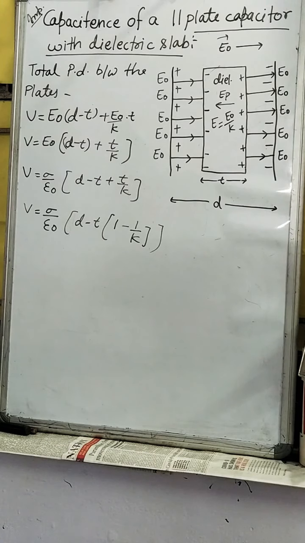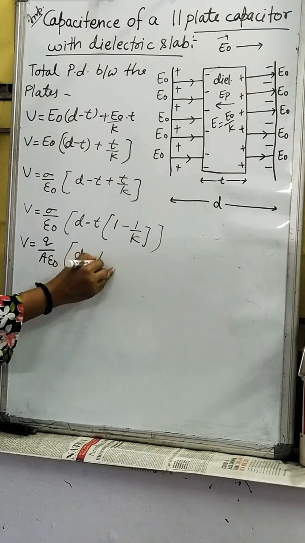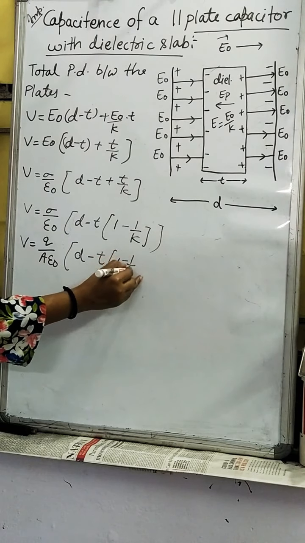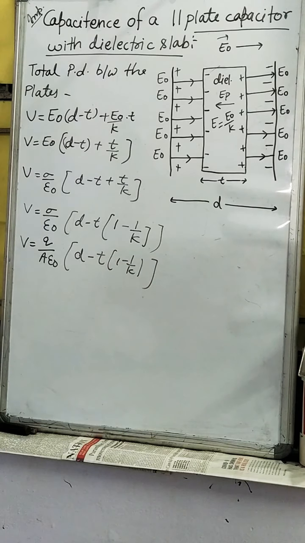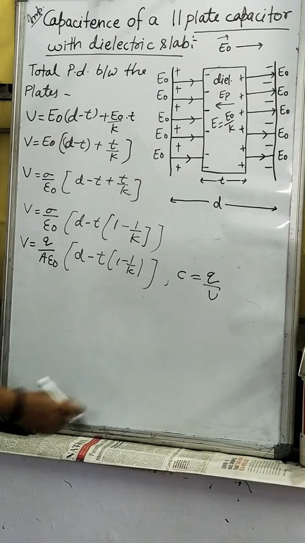And sigma can be written as q upon A. So V equals q upon A epsilon naught times (d minus t(1 minus 1 upon K)), and we know C equals q upon V by the definition of capacitance.